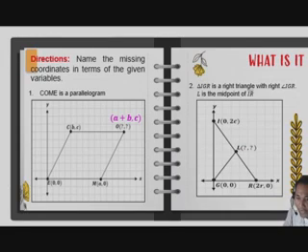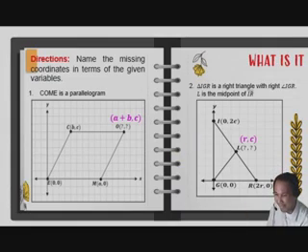I-add natin yon divided by 2. At yun namang 2c and 0, yung kanyang y, will be added also divided by 2. So yun yung ating plan at yun ang ating gagawin ngayon. Kapag ginawa nyo yun, makukuha nyo ang R at saka C. Ayan. I hope you got it.